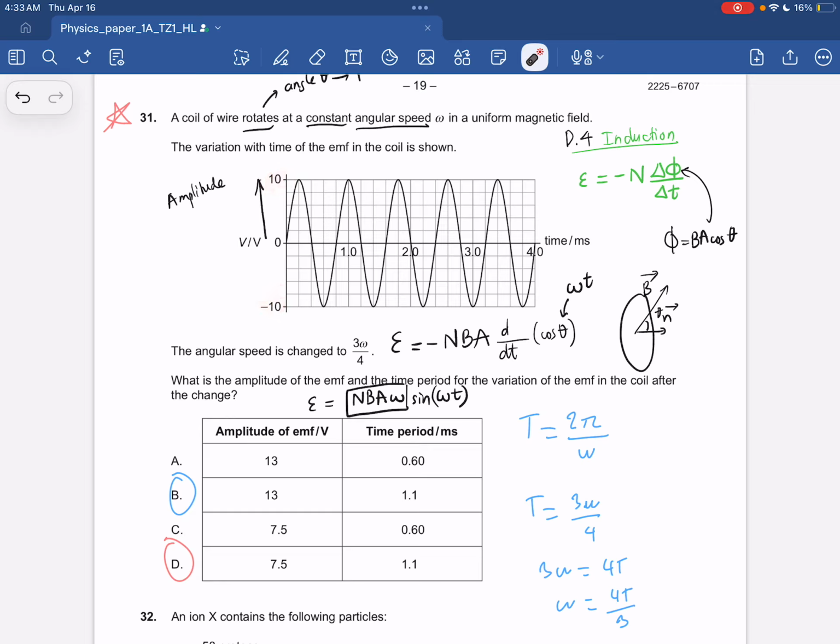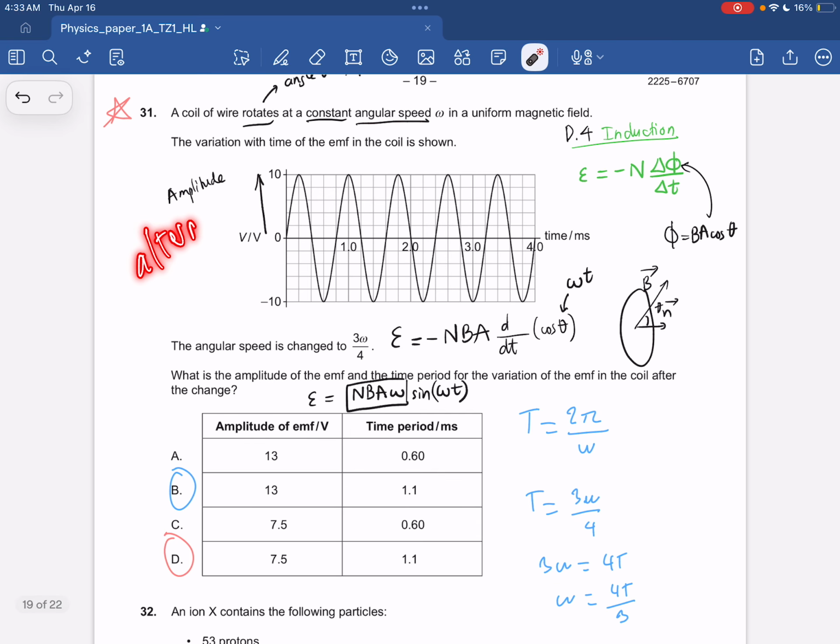The positive and negative values just show the change in direction between the two terminals. At one time it will be positive and at another time negative. That's about alternating current, which has a direction that keeps changing every half cycle. If you don't remember, we can talk more about it in another video.